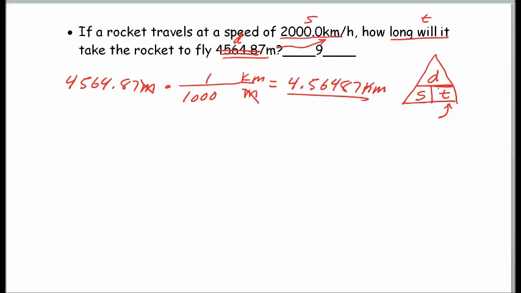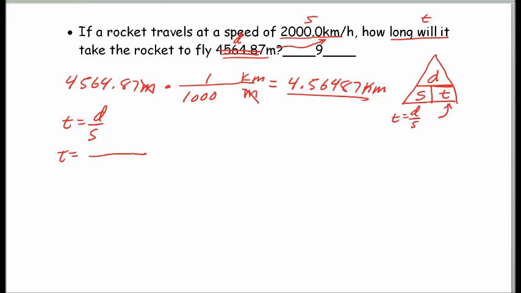So time is equal to distance divided by speed. So we'll bring that equation over here. Time is equal to distance divided by speed. And now we can substitute the correct numbers and units of measurement into the problem to replace the variables.